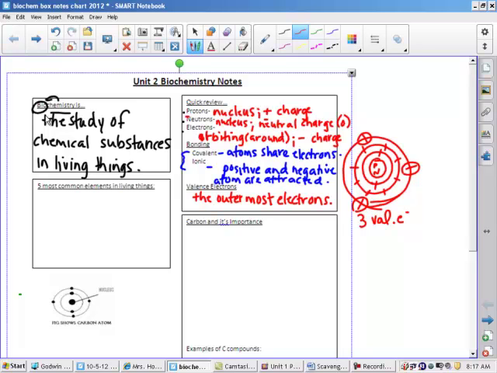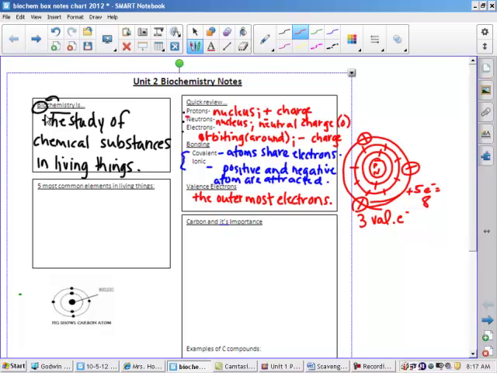Okay? Now the idea here is that in order to feel strong, in order to feel secure, it wants to have a full outer layer. It wants to have a full layer in its outermost shell. So for this example, it either wants to gain 5 more electrons to have 8 total on the outside of it, right?